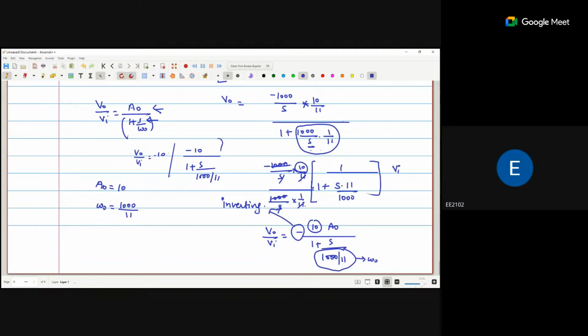So this particular output upon input ratio, or basically the voltage gain, is dependent on frequency. That is a function of frequency, whereas the other is not a function of frequency.